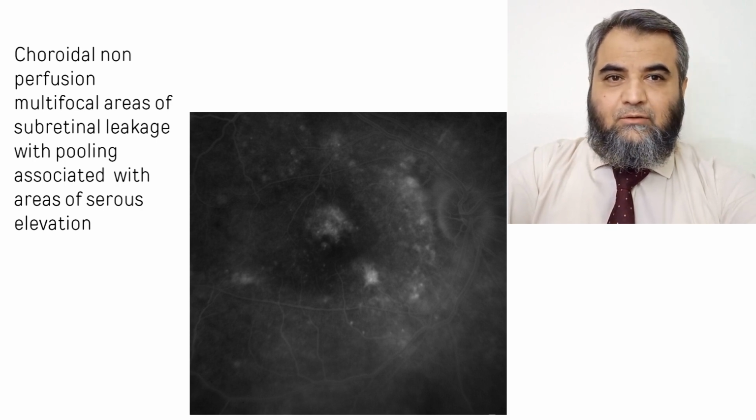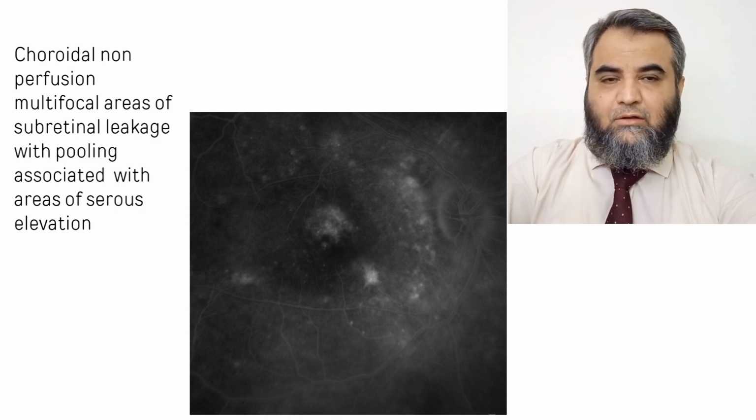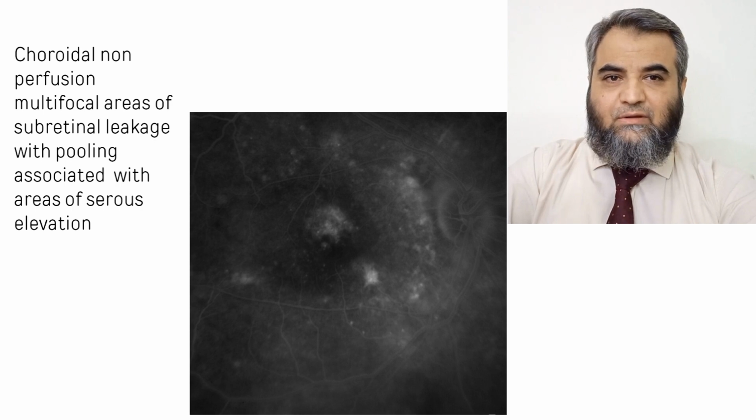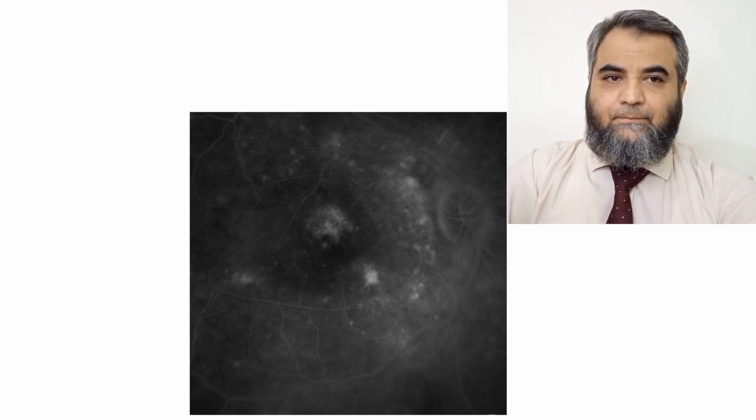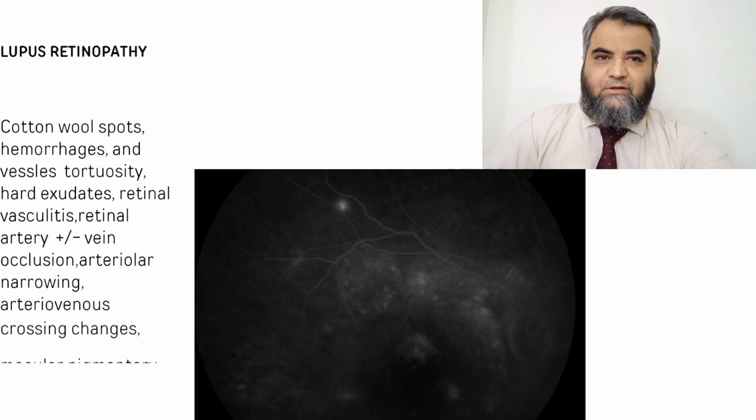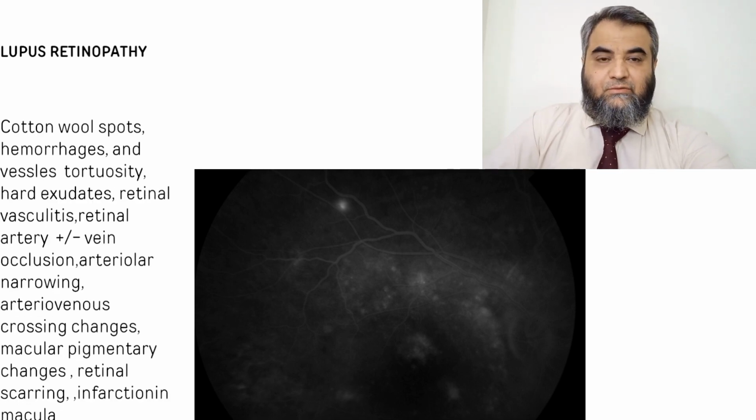So basically, lupus retinopathy and choroidopathy can be evaluated with fluorescein angiography, although indocyanine green angiography also has a role in diagnosis and management. Regarding severity, it may range from mild to moderate changes to severe blinding conditions, and usually the retina is involved in 10% of patients with SLE.